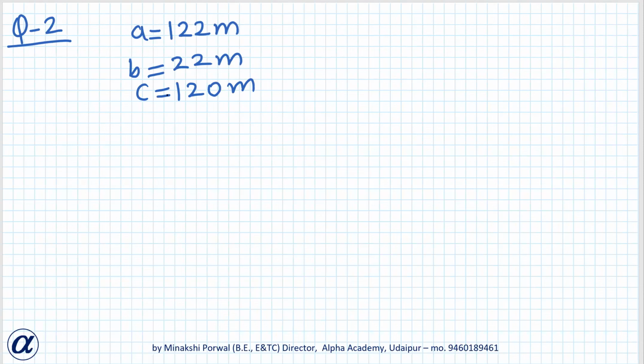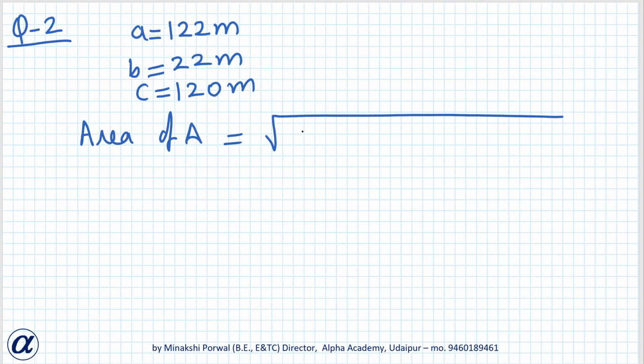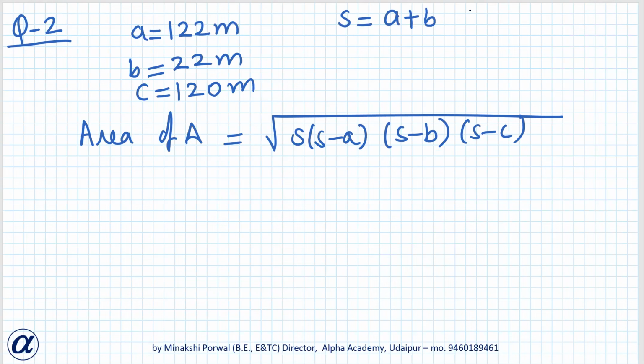Okay, so first of all we have to find the area. Semi perimeter. So first of all area of triangle we have to find. Area of triangle is under root of s into s minus a, s minus b, s minus c. Okay, and s is a plus b plus c by 2. Okay, so what is the value of s?